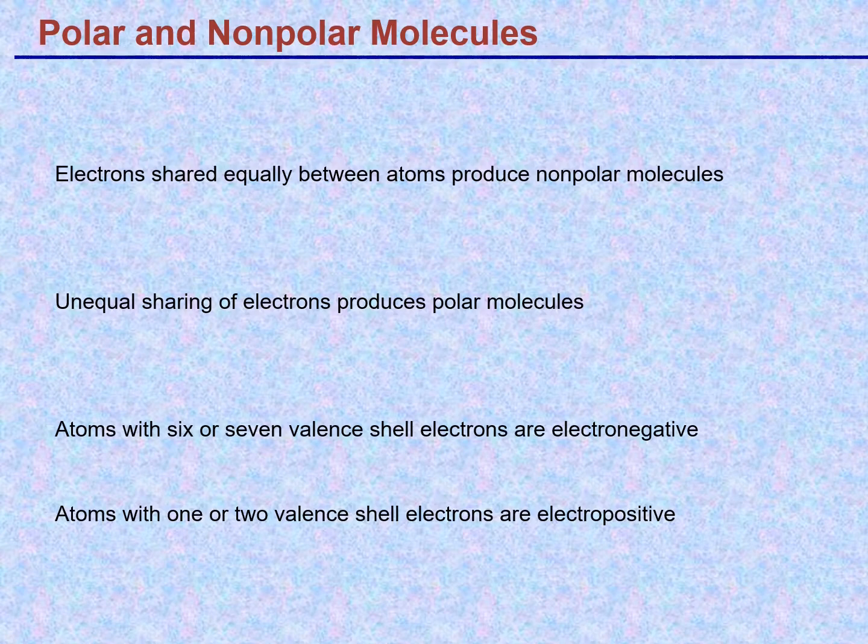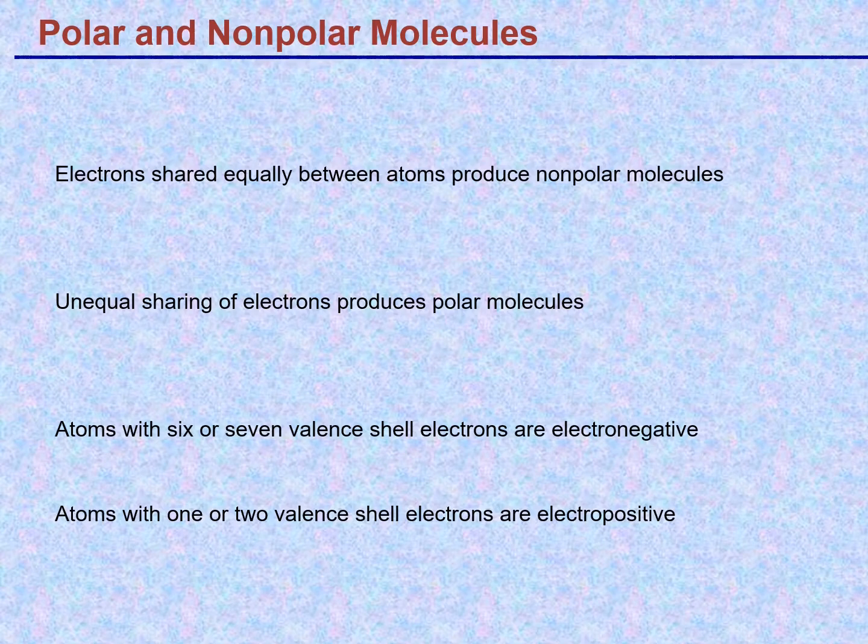A nonpolar molecule, when you look at the sharing of electrons, it's equal between the two or more atoms, all the atoms within it. If there's unequal sharing and the electrons spend more time around one atom nucleus as opposed to the other atom they're being shared with, then it's a polar molecule.